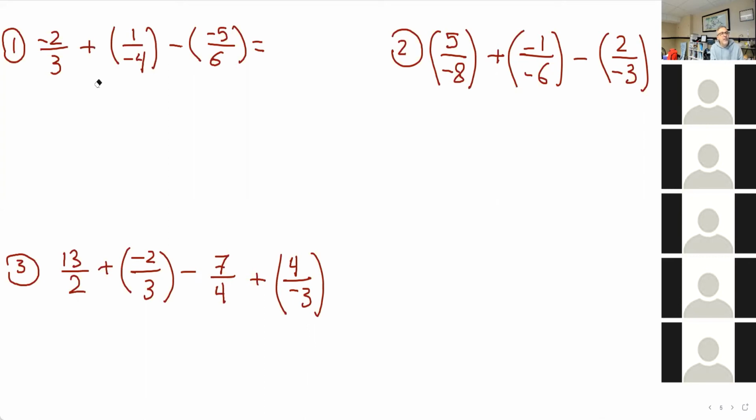See this here? This here is addition. This here is subtraction. Okay, so now we have -2 over 3. Again, this and this becomes -1/4. This and this becomes +5 over 6.